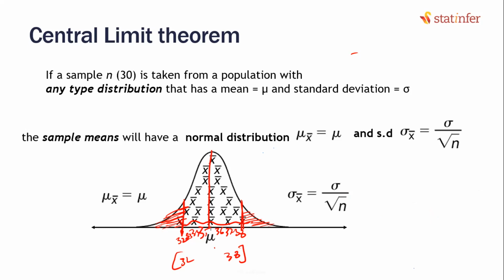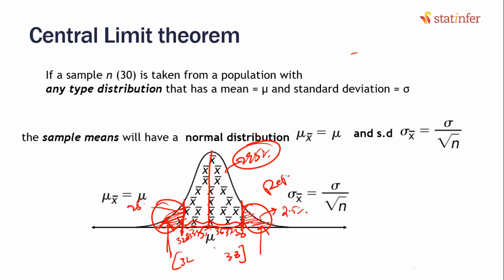Like that, it is possible until here, where 95% of the population is covered. The remaining 5%, let's say 2.5% here, 2.5% here. If the test statistic falls here, then we would reject the null hypothesis. If the test statistic falls here, we will accept the null hypothesis.